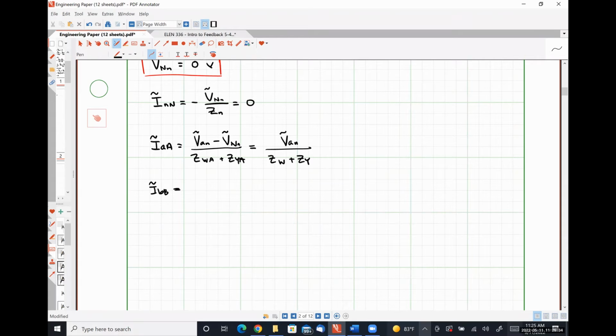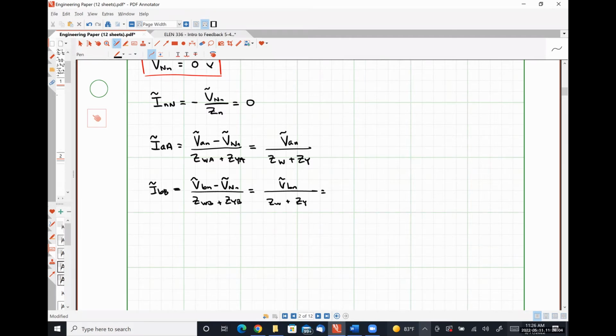Our line current IBB is going to be VBN minus VNN over ZWB plus ZYB, which is VBN over ZW plus ZY for a balanced system.